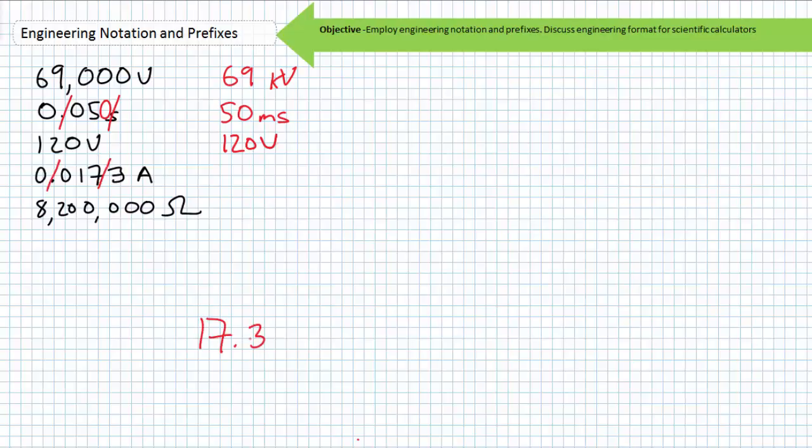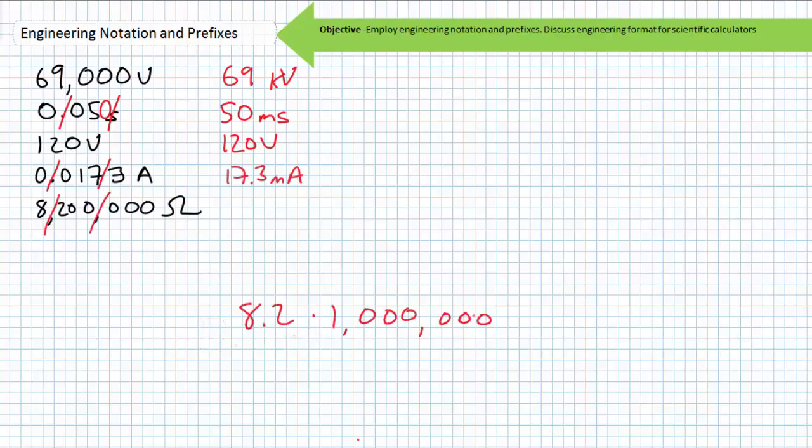The fourth example has a coefficient of 17.3, 3 places to the right of the decimal point, meaning this is 17.3 times 0.001, or 10 to the negative third. 10 to the negative third can be replaced by the milli, or little m prefix. Therefore, this number is better represented as 17.3 milliamps, where an amp is a measurement of electrical current, the passage of a certain quantity of charges past a point in a given time period.